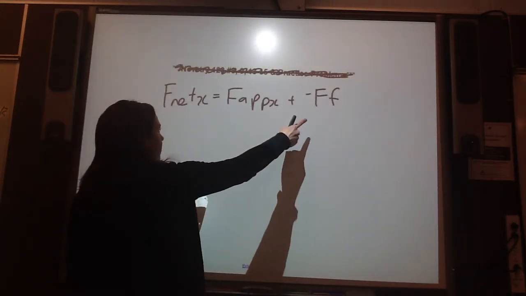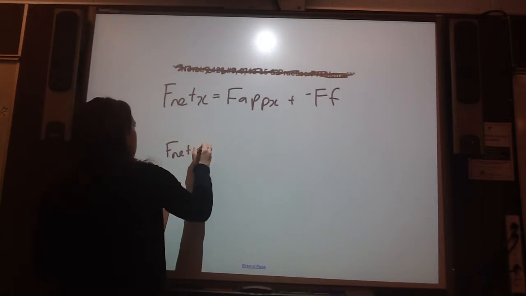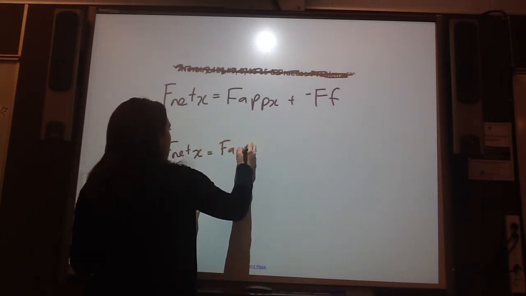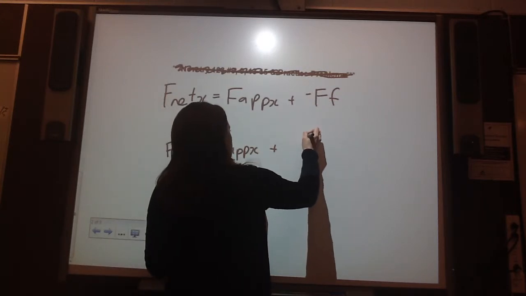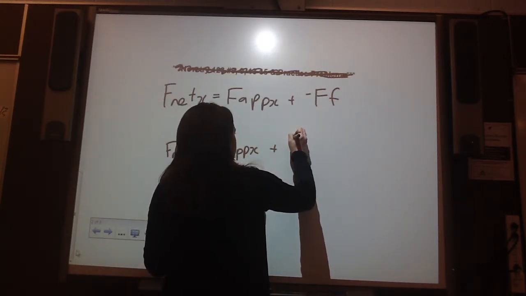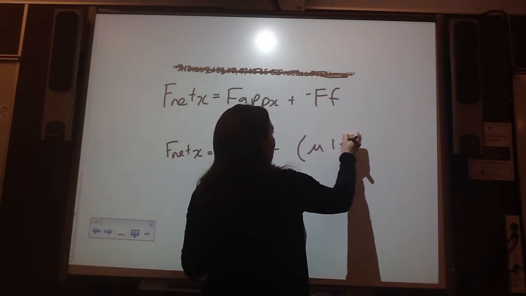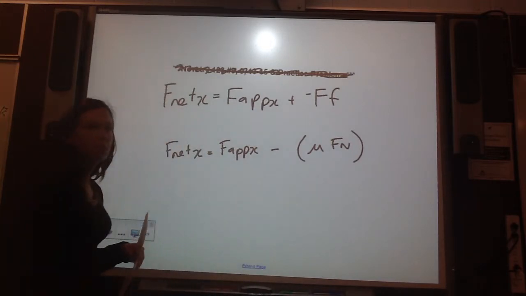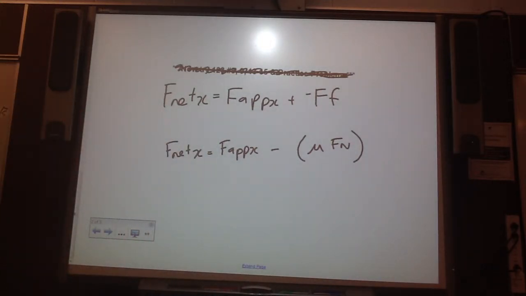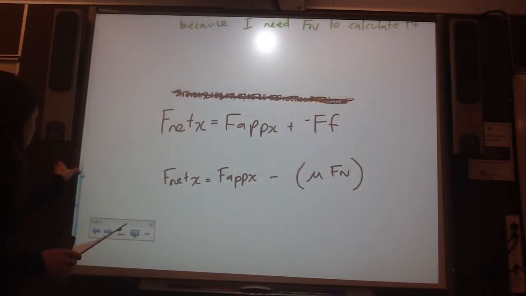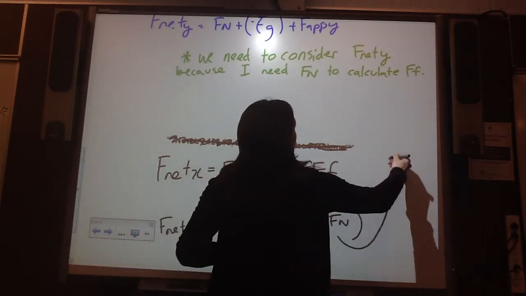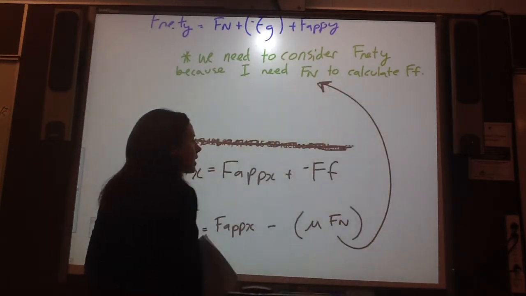Well, we don't have Ff, so we had to go F net x is equal to F_app x minus mu Fn. This is why I need to do this calculation. It's because I need that Fn.